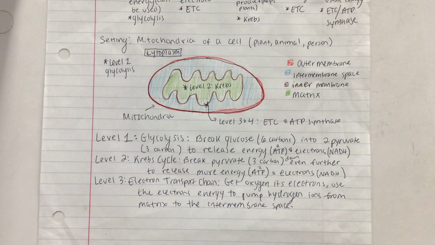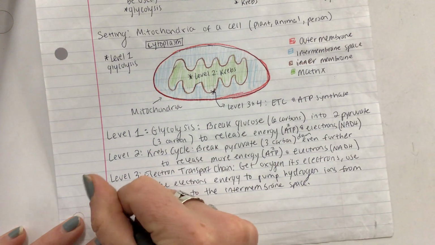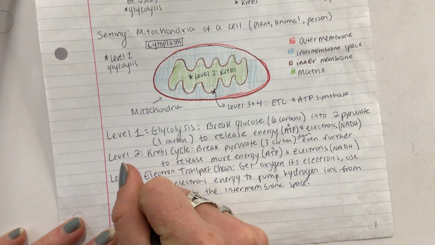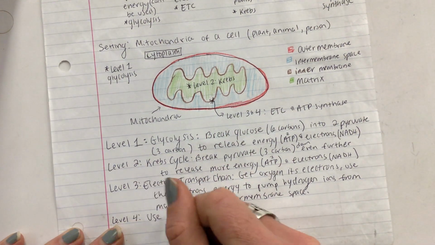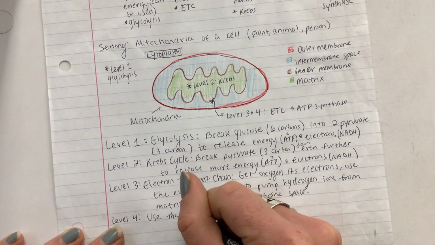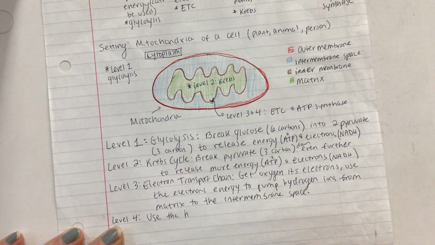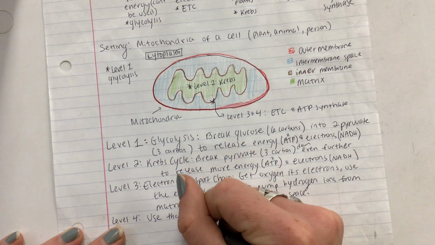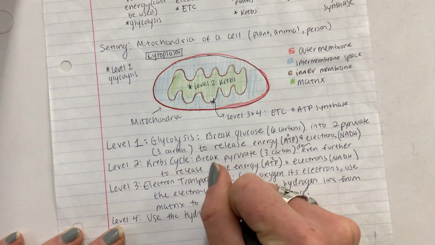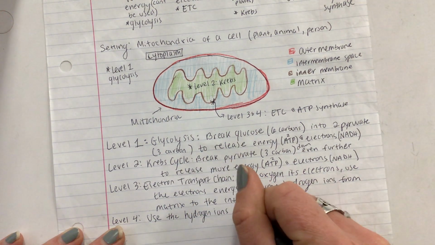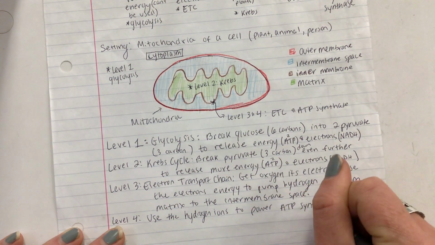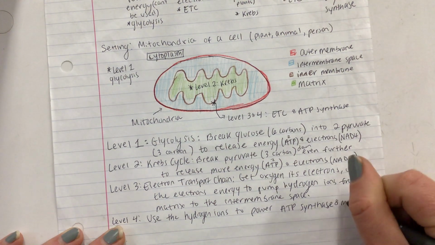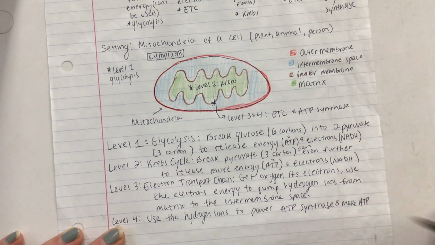Once you have completed that, you get to the final step, the spinning wheel of ATP synthase in level 4. Here, you use the hydrogen ions in the intermembrane space to power ATP synthase and make ATP.